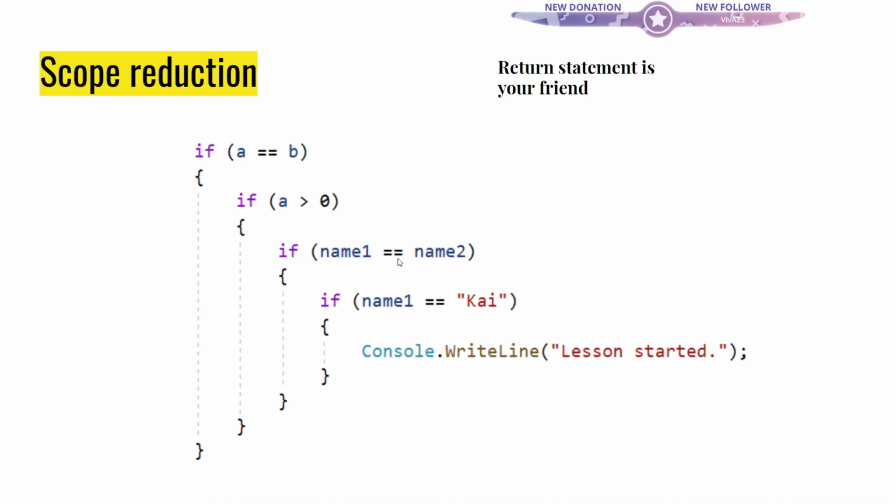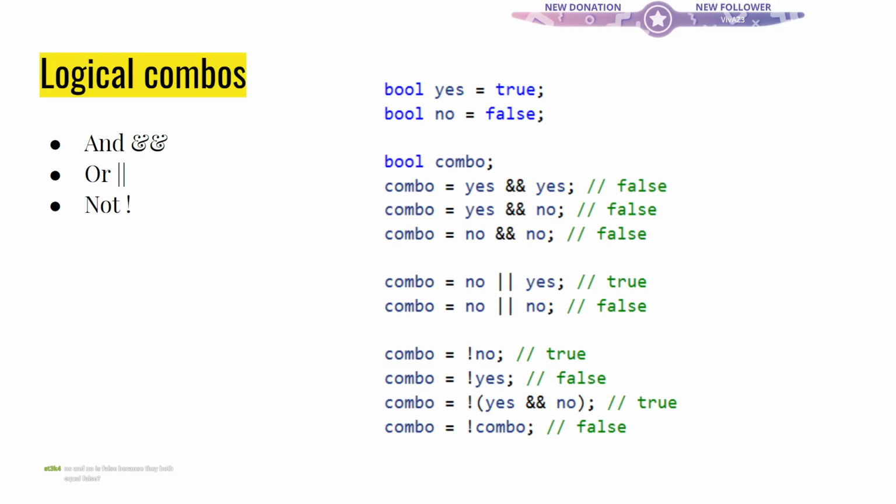Now some tips and tricks with if statements. No and no is false because, how to explain it? Yeah, the end result that matters to you is yes.